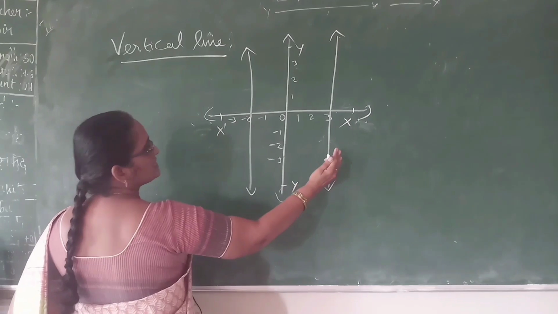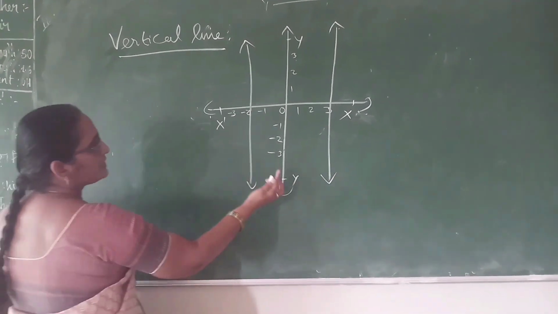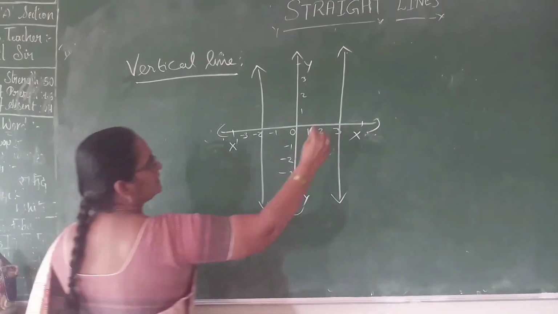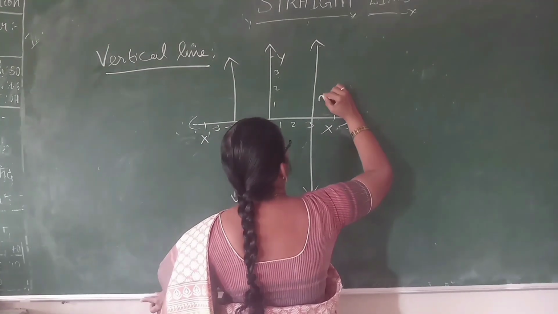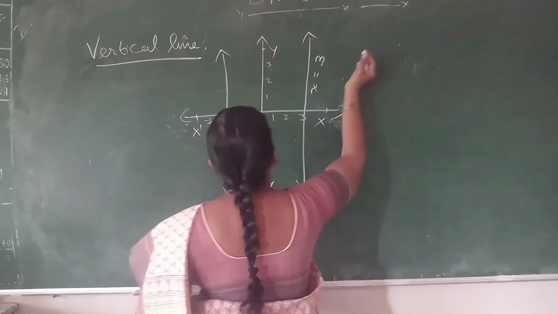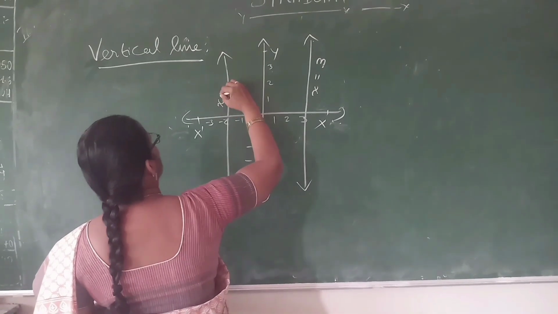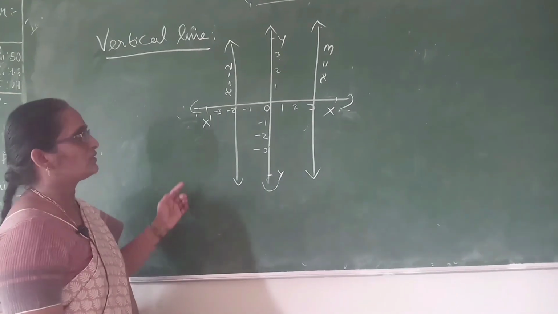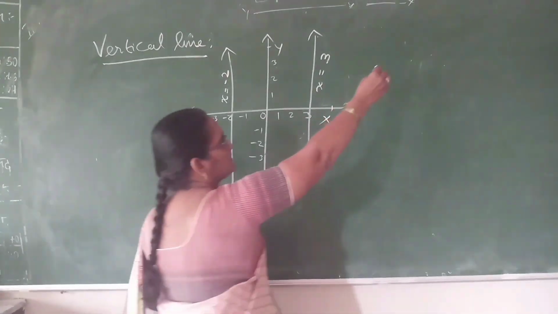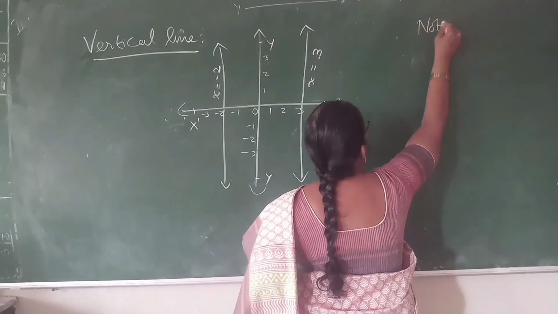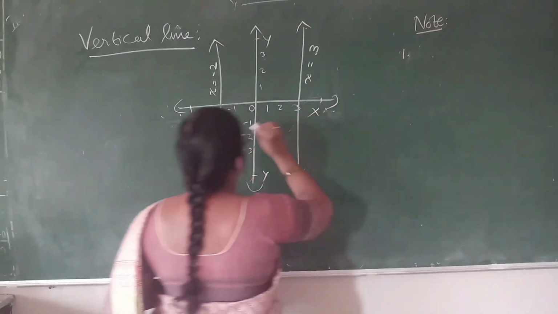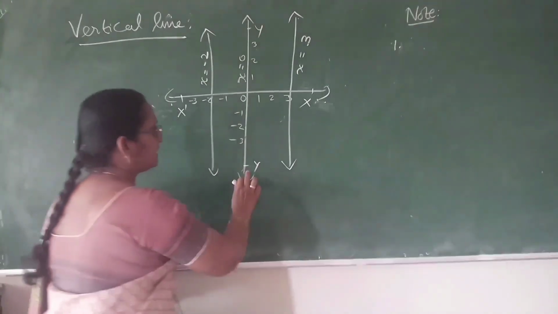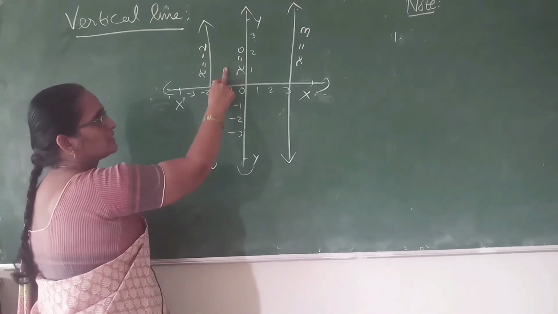So you can see this line is parallel to the y-axis, this line is also parallel to the y-axis, but it is passing through the x-axis. Therefore, we write it as x is equal to 3 and this one as x equal to negative 2. Now, note these points. Here you can see this one will be x is equal to 0 because it is lying on the y-axis.